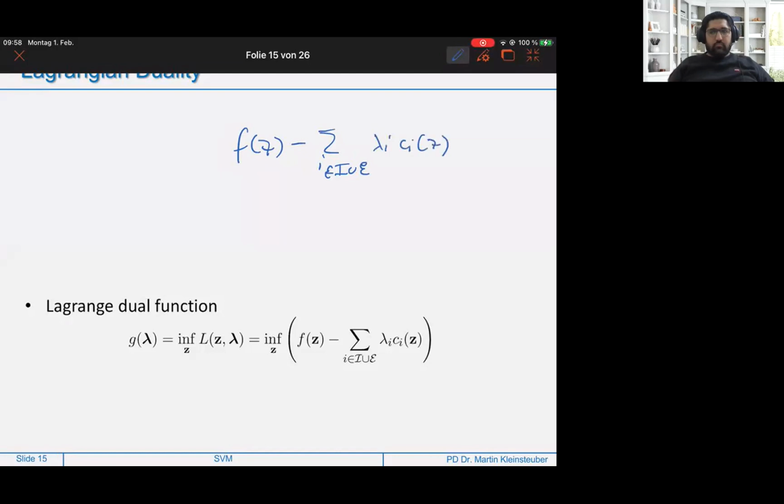We want to see for which z the difference between f and its Lagrange function is largest, or otherwise spoken, for which z the Lagrange function has the smallest value. And this is a function that only depends on lambda, and it's called the Lagrange dual function.